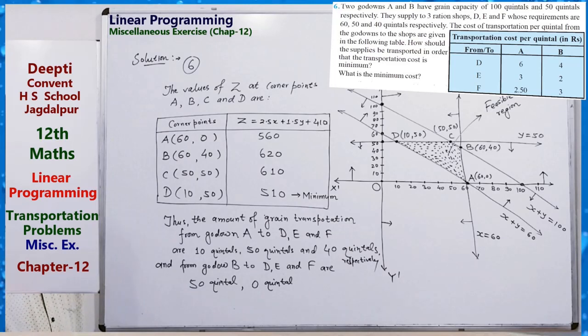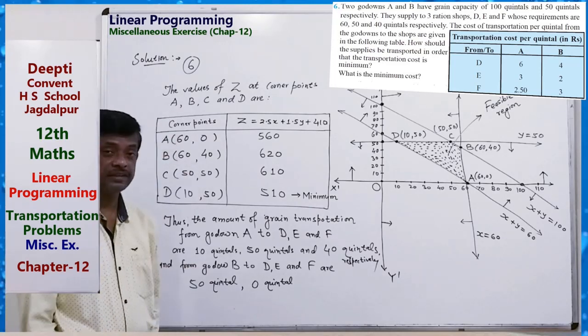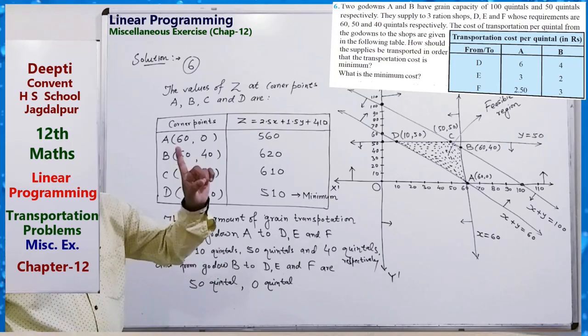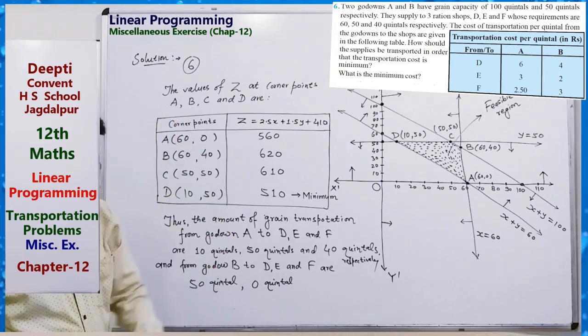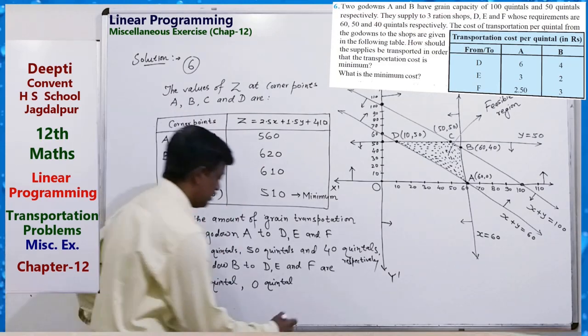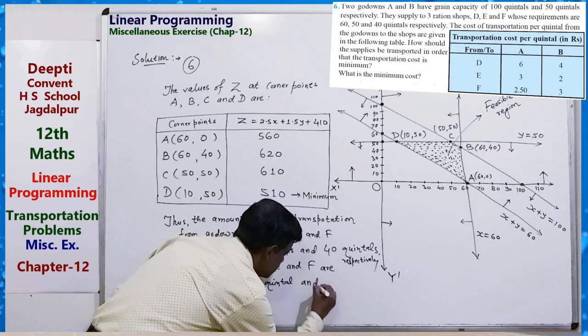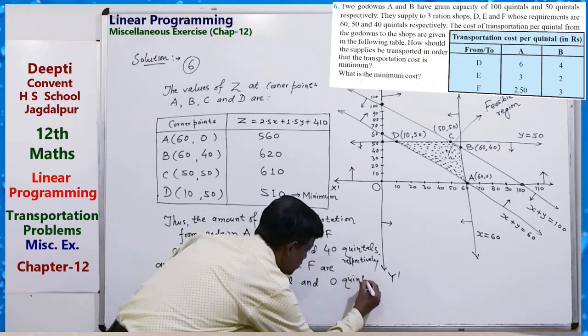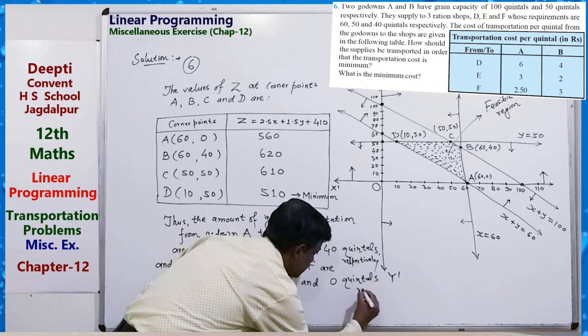And there is 60 minus x minus y, which means 0 quintal, respectively.